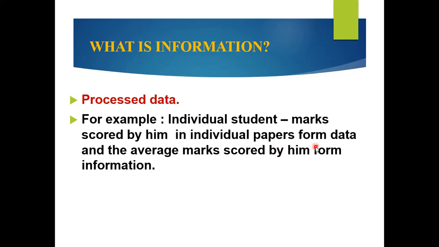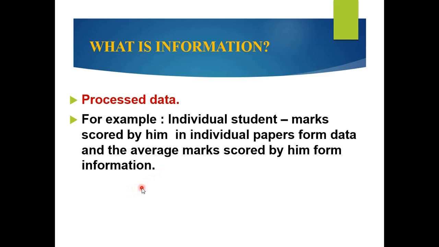For example, the marks scored by one student in science, that forms data. But the average marks scored by him in all subjects, or the total marks scored by him for all subjects, forms information. So it will give one meaningful piece of information about the student's performance. So this is one example for information.